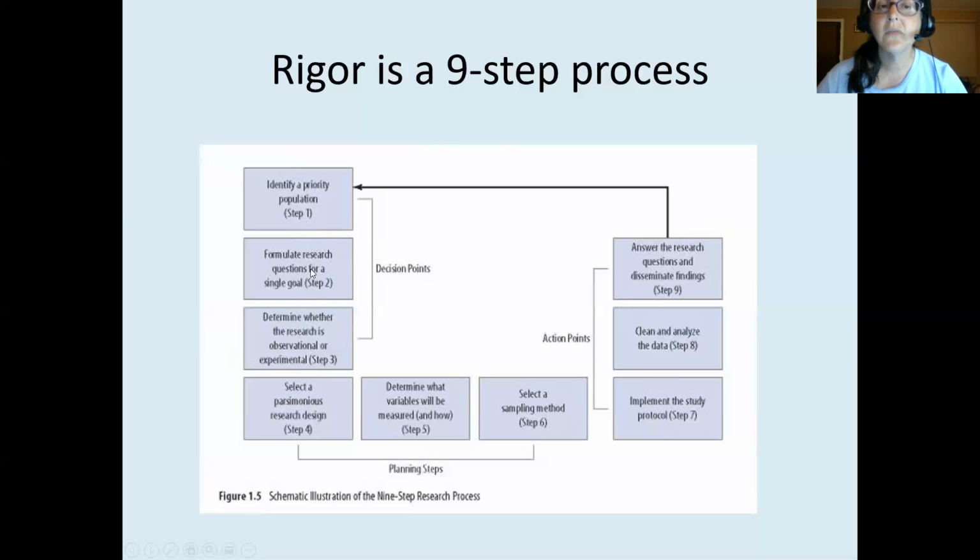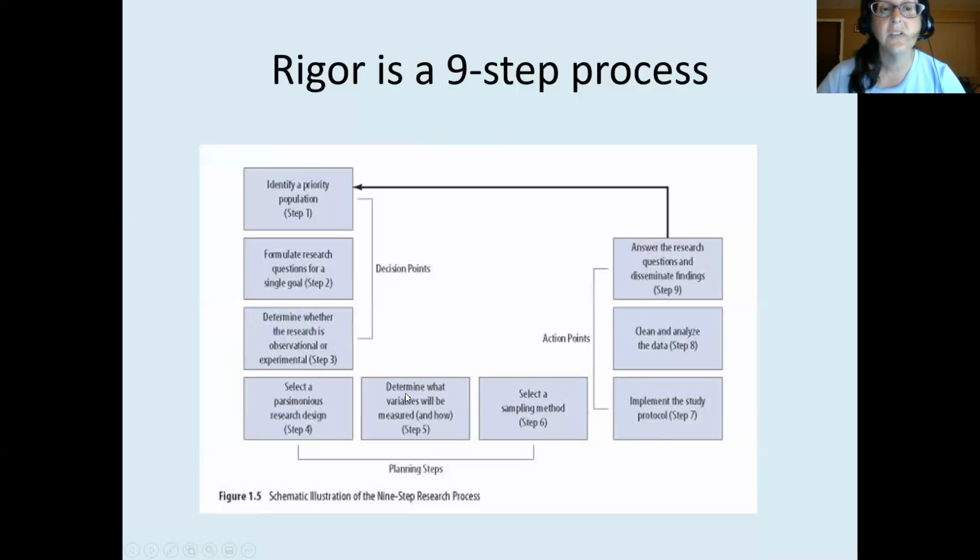Then, once you've made those decisions, you are going to get into planning steps. What is it you're now going to start planning, the program or the research process? So first, you're going to have to select a research design that works with the decisions you made during the decision point, so that they're actually going to answer the questions you want to ask.